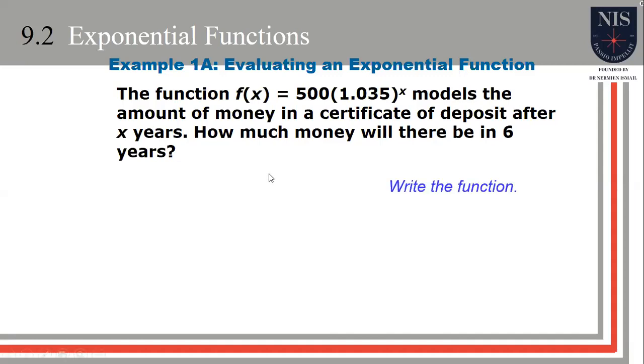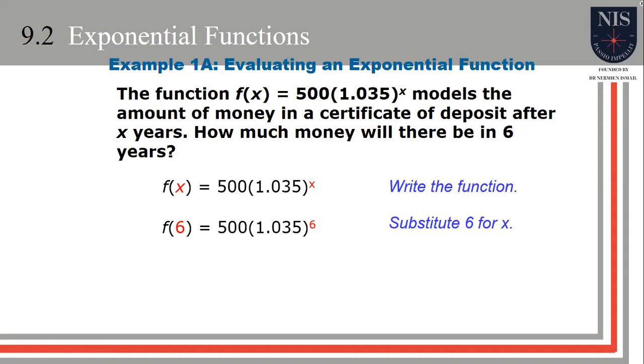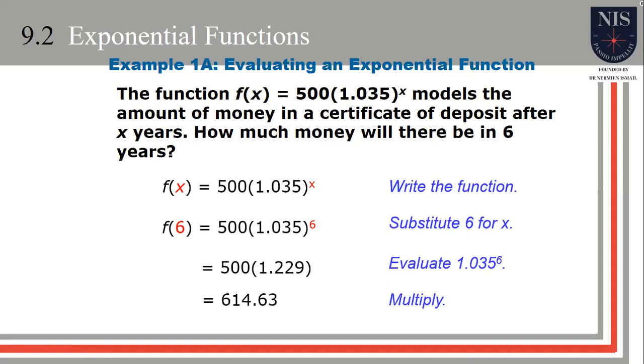Then we will write the function first, which is f of x equals 500 times 1.035 all to the power of x. Second, we will substitute 6 for x, and then we will evaluate 1.035 to the power of 6, and then multiply it by 500. So by the end, there will be $614.63 in 6 years.